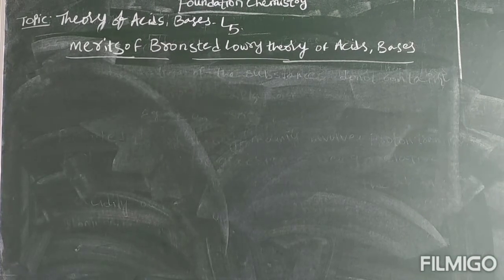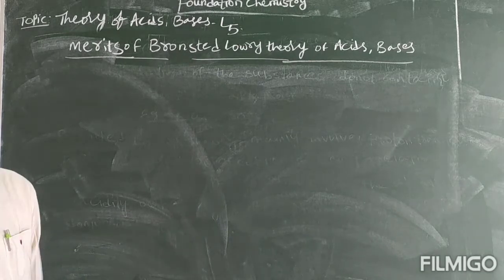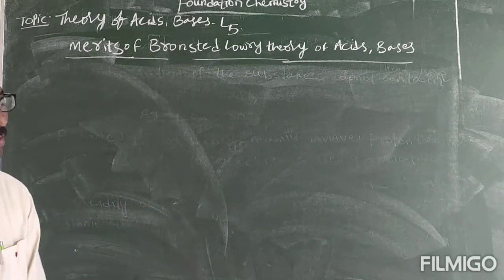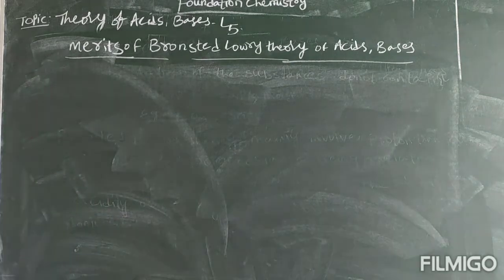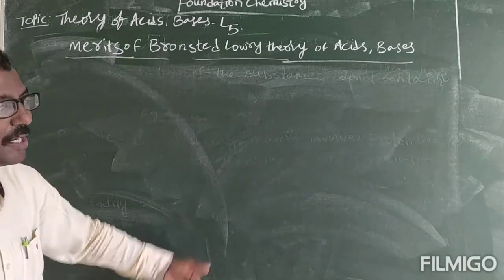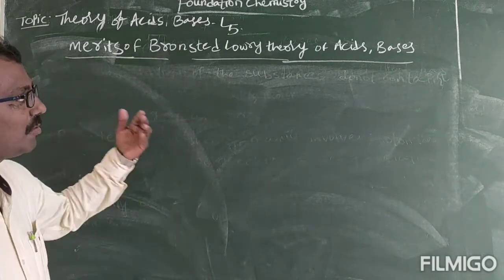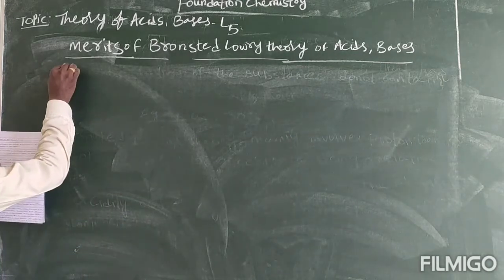Though it is having some limitation, there are some merits in Bronsted-Lowry theory of acids. The previous Arrhenius theory was limited to the liquid phase only. But Bronsted-Lowry theory has explained the nature of the acids in gaseous phase also. So that is the major merit.